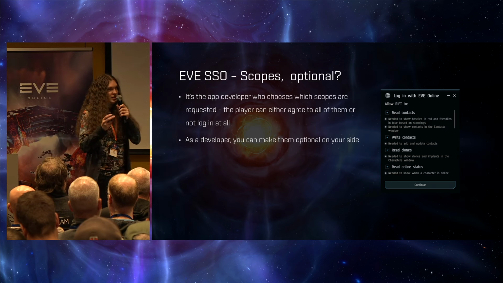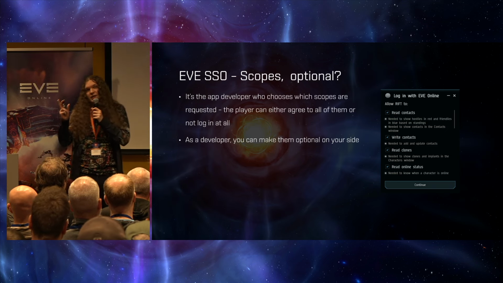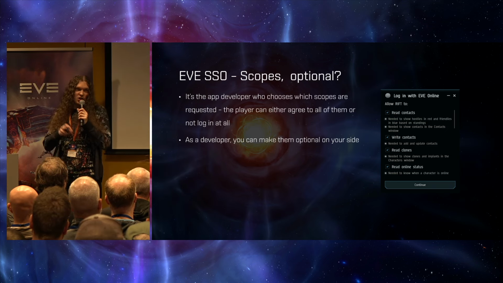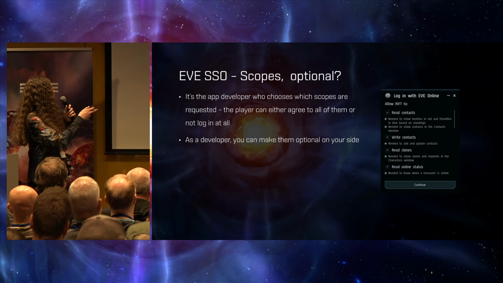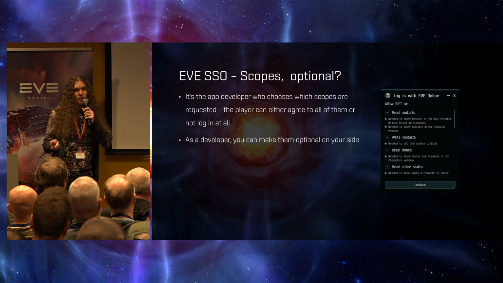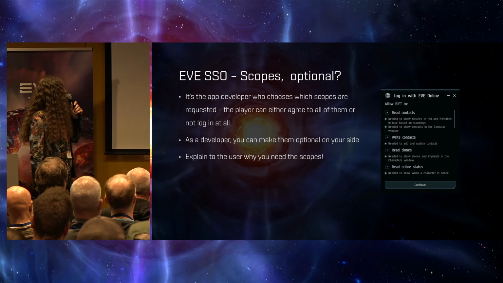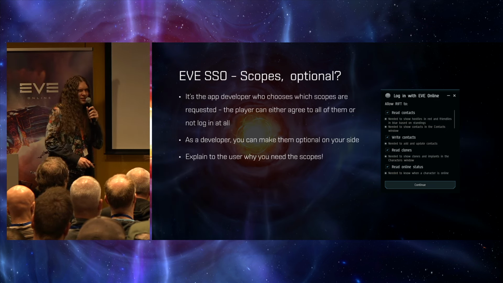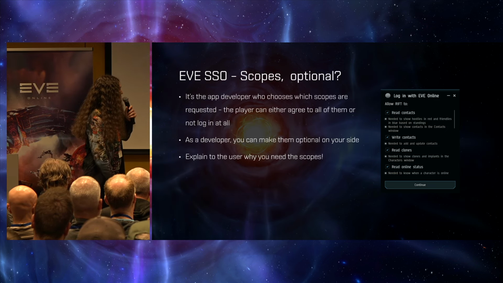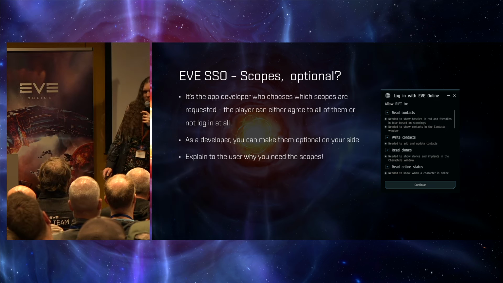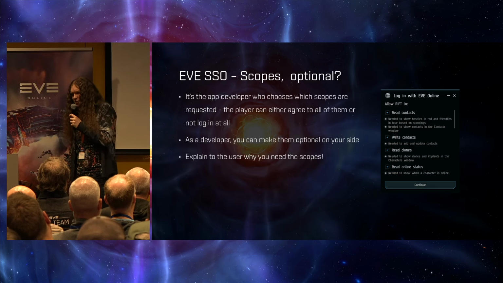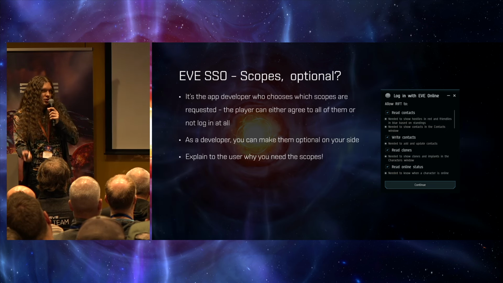And it's only going to ask you for confirmation for these scopes that you have already agreed to here. So it gives all of the control back to the player. And if your application is requesting a lot of scopes or permissions, then your players are going to be suspicious, probably, because they will wonder why you need all this information.